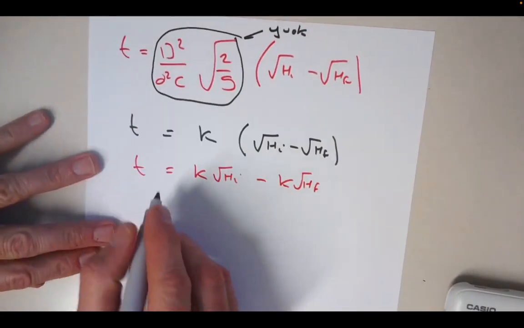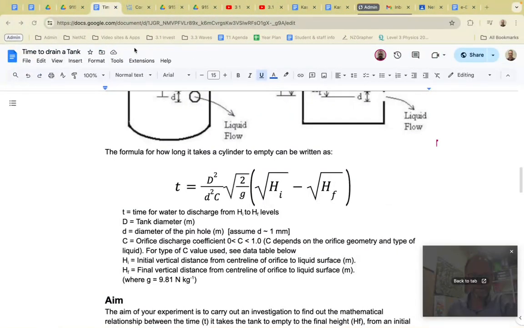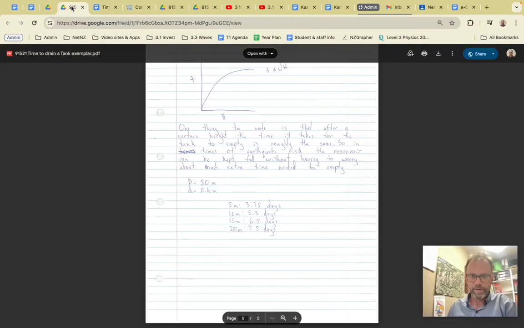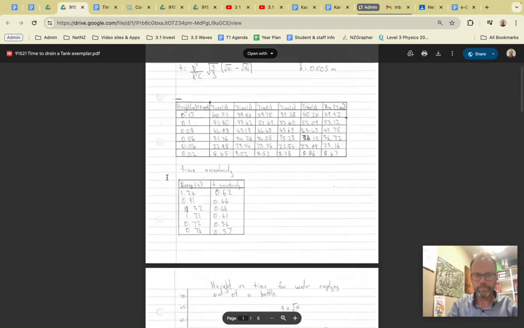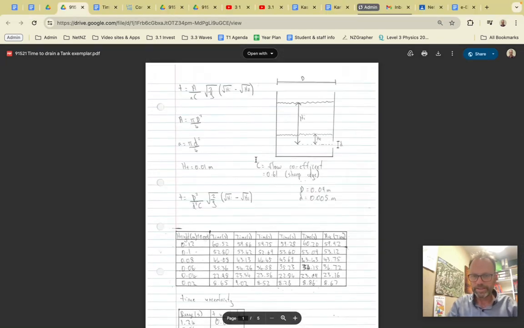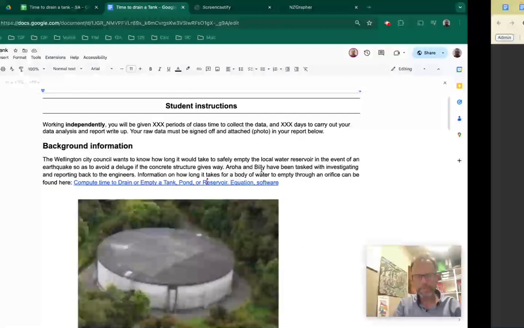What is the k value? So if we look carefully at this document here, scroll right to the top, I notice there's some, I'm just going to write here, big D is 0.09, little d is 0.005, and C is 0.61.